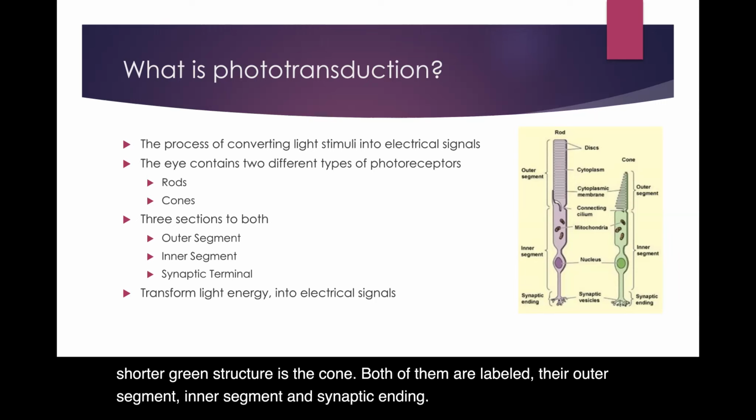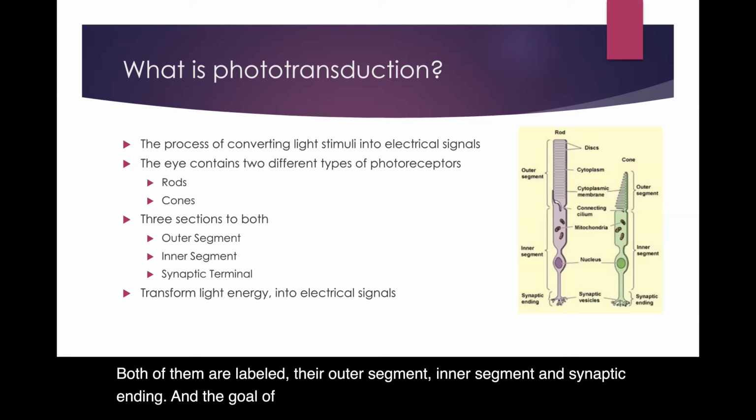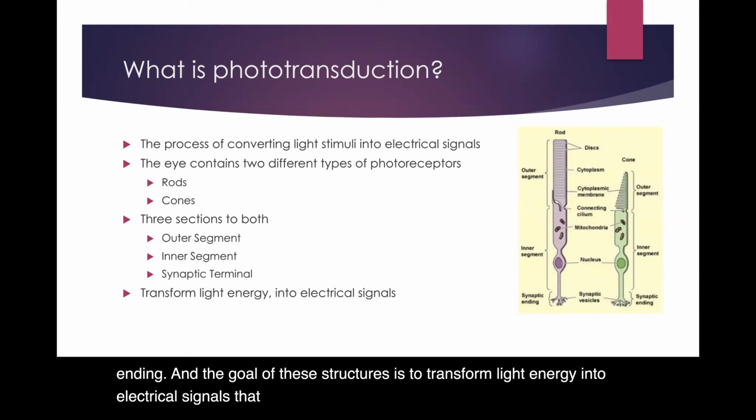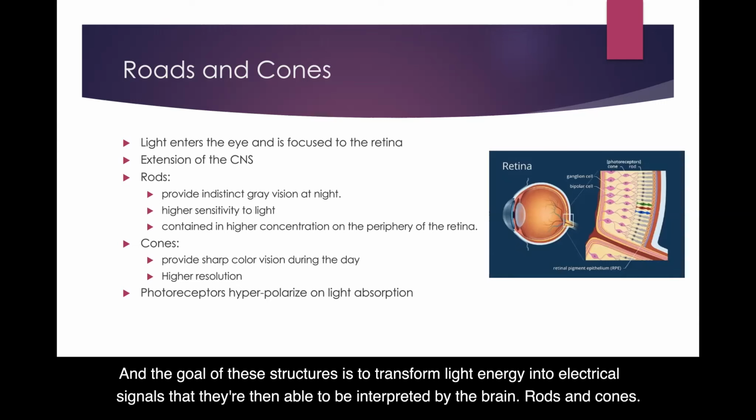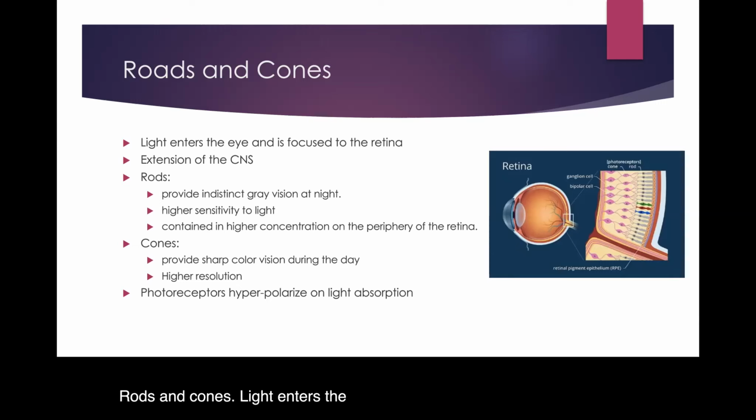And the goal of these structures is to transform light energy into electrical signals that are then able to be interpreted by the brain. Rods and cones. So light enters the eye and is focused to the retina.